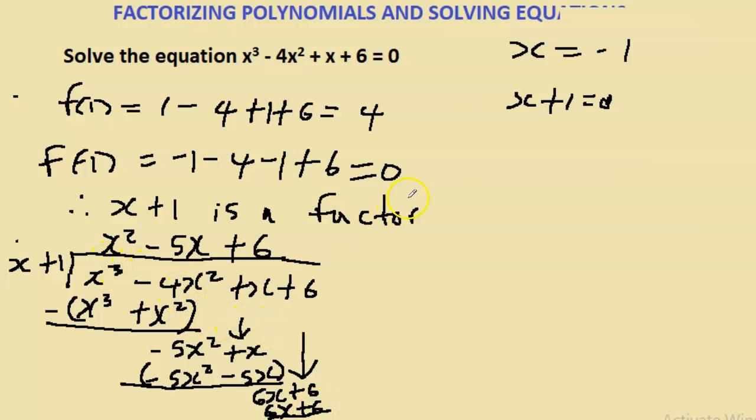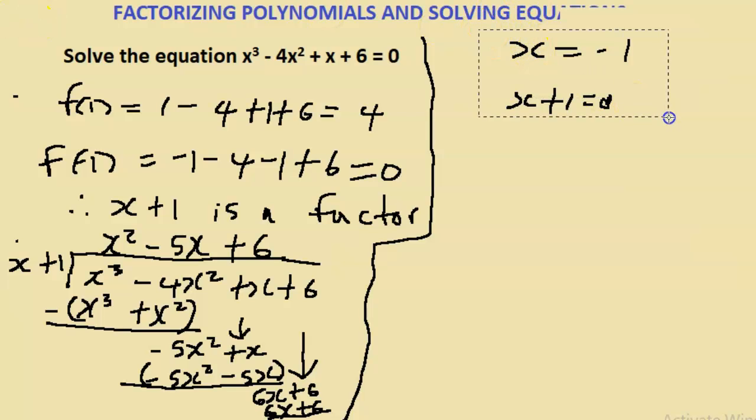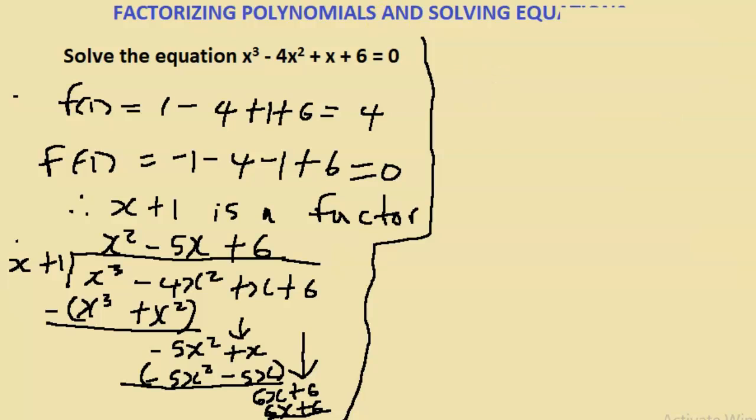So therefore, this was the problem we're asked to solve: x cubed minus 4x squared plus x plus 6 equals 0.